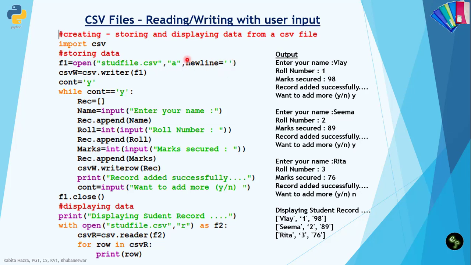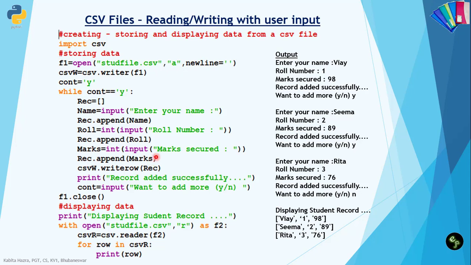Suppressing the new line character, we are creating a writer object csvw. We are accepting the user input about the student name, the roll number and the marks secured within a loop, and this loop will continue as long as the variable continue is yes. Initially we are creating an empty list, and as we go on entering name, roll number and marks, we will append the data into the list.